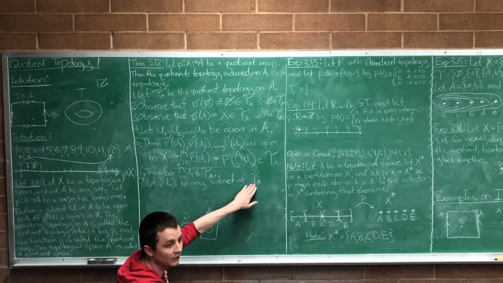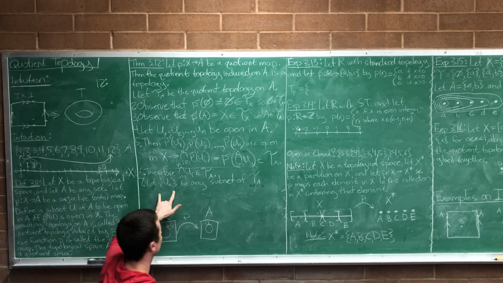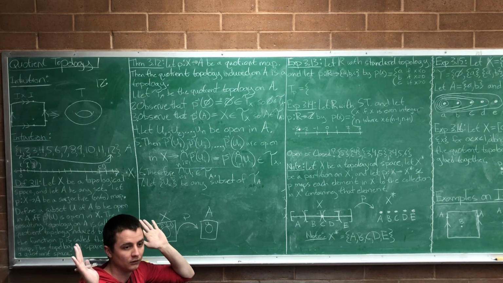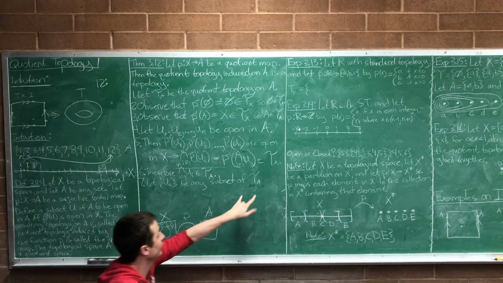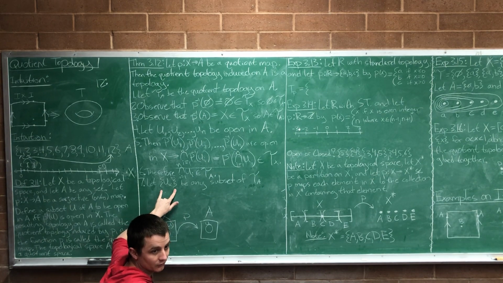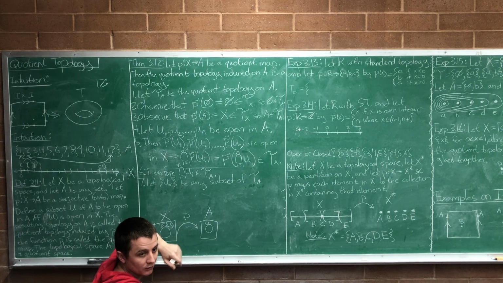It is any collection of open sets. This is all open sets in A. This is just some subset of that, so it's just an arbitrary collection of open sets. Notice that this topology could be infinite, so this could be infinite, since it's just an arbitrary subset. So we're not limiting ourselves to a finite number like we did up here.